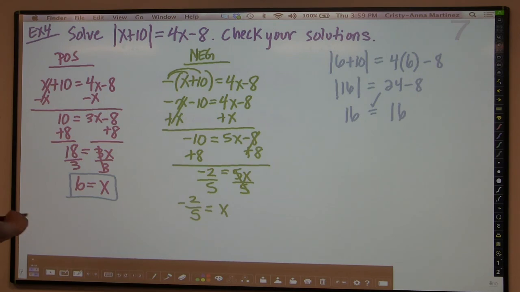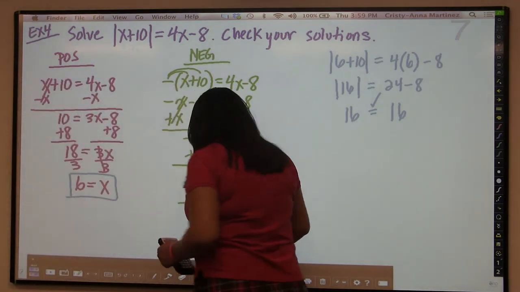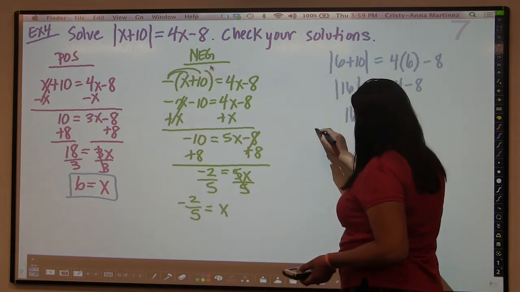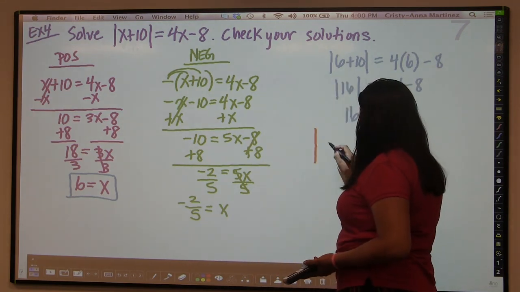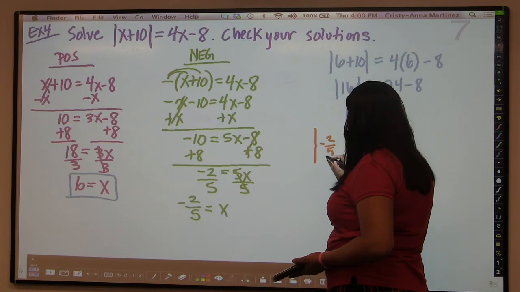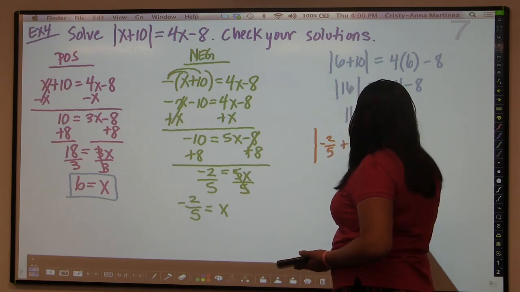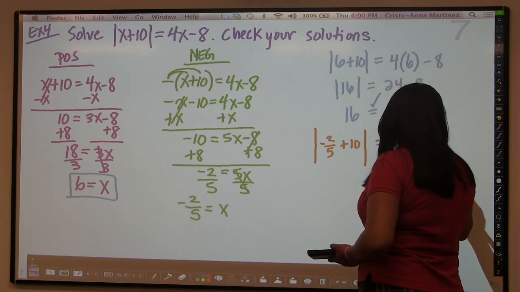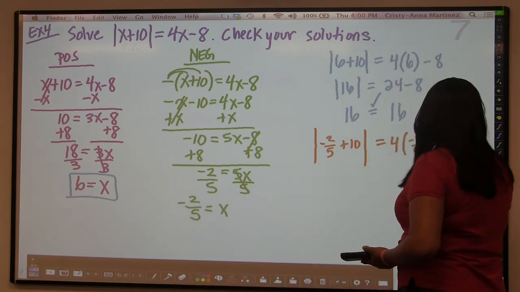That one's okay. But now we're going to try this negative 2/5 and see if that one works. So we're going to do the same thing, only this time replace the x with negative 2/5 plus 10 equals 4 times negative 2/5 minus 8.